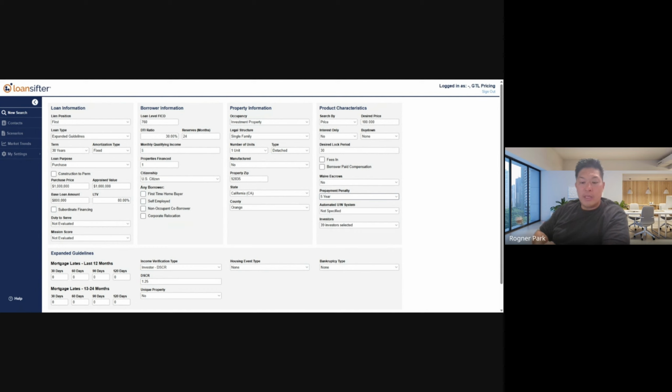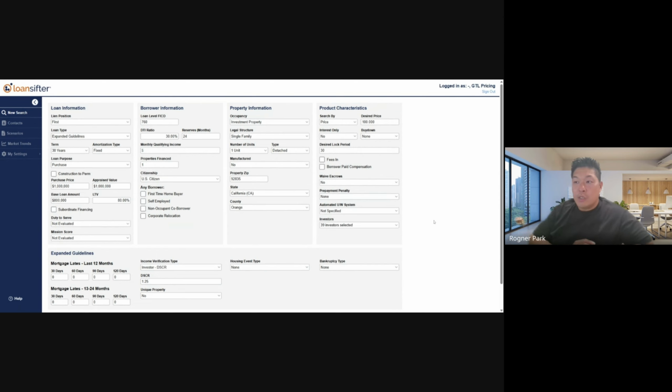When it comes to DSCR, because it's an investment property, following the likes of commercial loans, which are generally investment loans, there is a prepayment penalty. But for now, I'm going to say none, because most people prefer not to have a prepayment penalty.